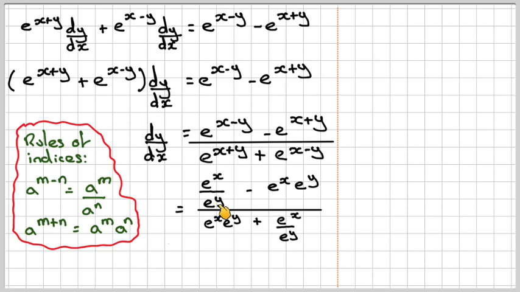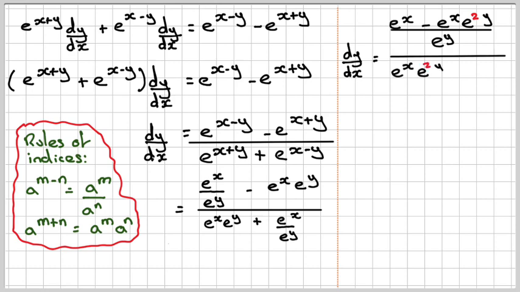Now we've got here e to the y, e to the y. So what we're going to do is make a common denominator for the numerator. So we're going to have e to the x, and when you multiply e to the y times e to the y, you're going to get e to the y times 2, so it's e to the 2y, another rule of indices.